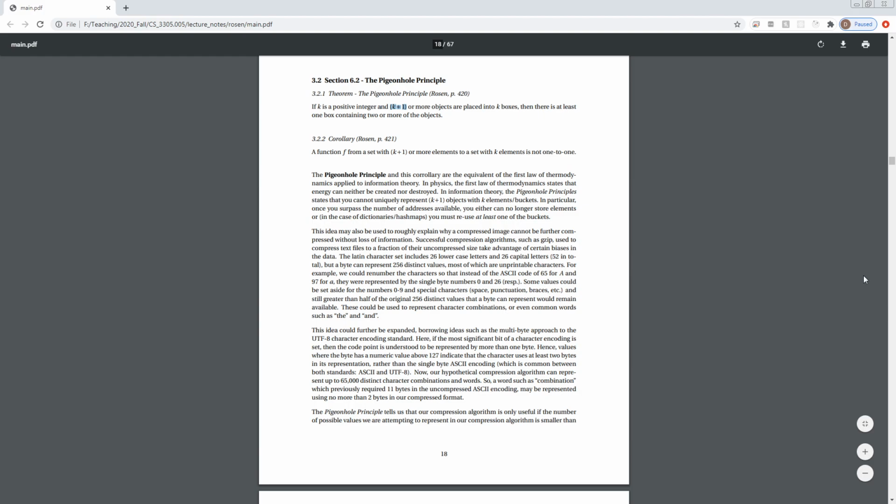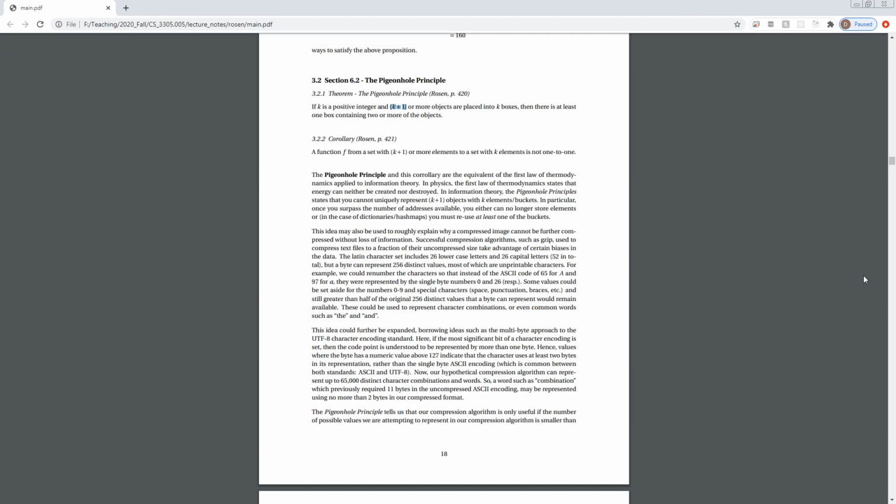You are guaranteed to have a collision. You're guaranteed to have a second item stuffed into one of these slots, and so it tells you, in the best case scenario, how many items, the capacity of your dictionary or your hash map or whatever you want to call it, before you start running into a collision.